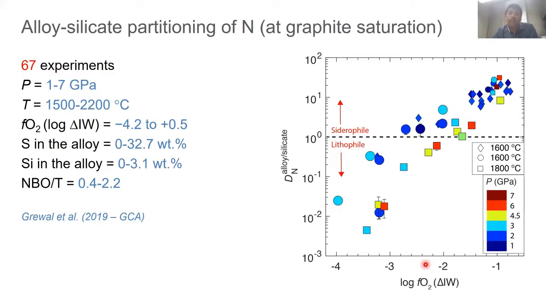However, when you go to much more reducing conditions, then nitrogen can possibly become a lithophile element under graphite saturated conditions. But nonetheless, even if nitrogen is siderophile at oxidizing conditions, if you look at the D_N numbers, they are on the order of 10, or anywhere between 1 to 10, okay? So much lower than the partition coefficient of carbon.